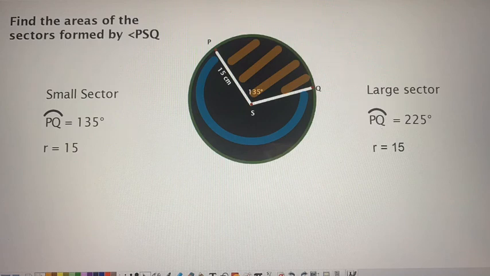The minor arc formed is 135 degrees, and the major arc formed is 225 degrees. Both of them have a radius of r. I want you to see if you can figure out the area of each sector. Stop the video and restart it when you're ready.